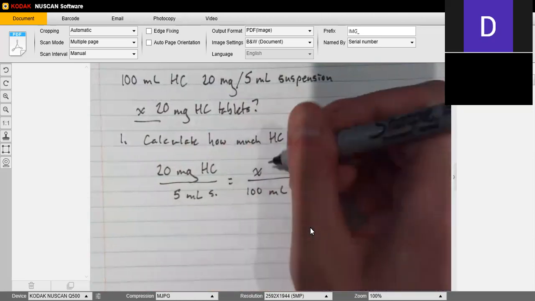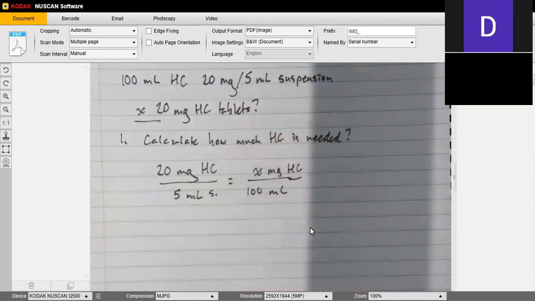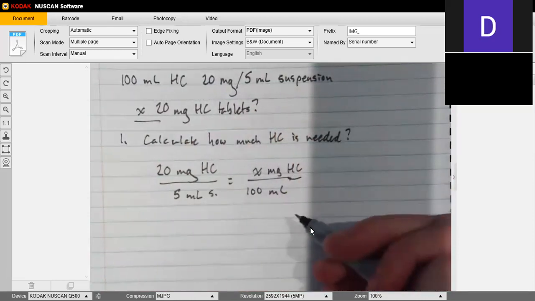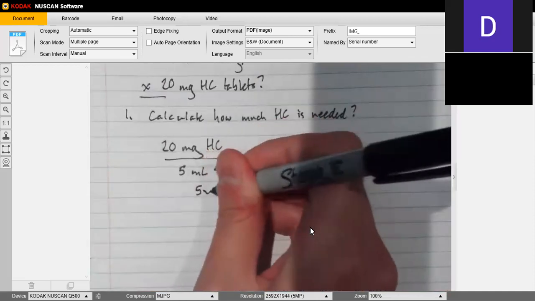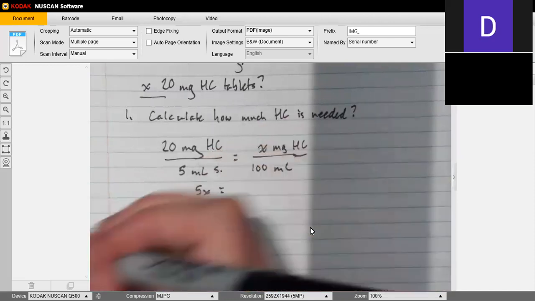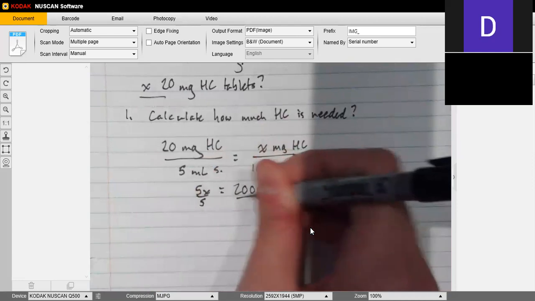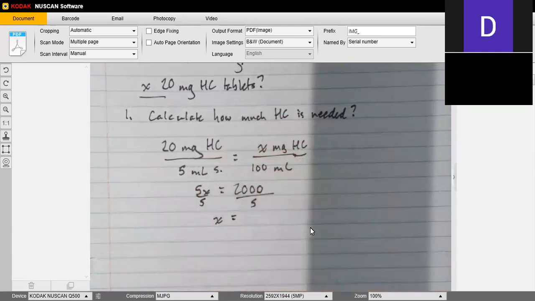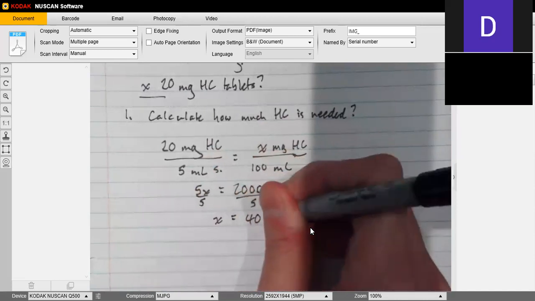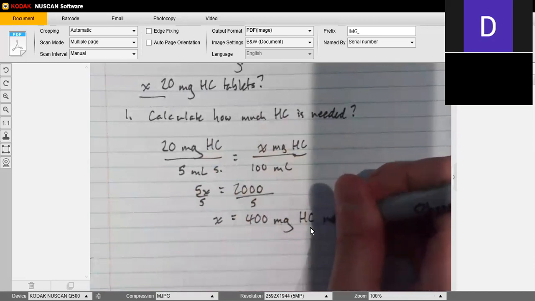How many milligrams of hydrocortisone would end up in a 100 milliliter solution? Well, let's solve for X. So 5X equals 2000. Divide by 5, divide by 5. And we get X equals 400 milligrams of hydrocortisone needed.